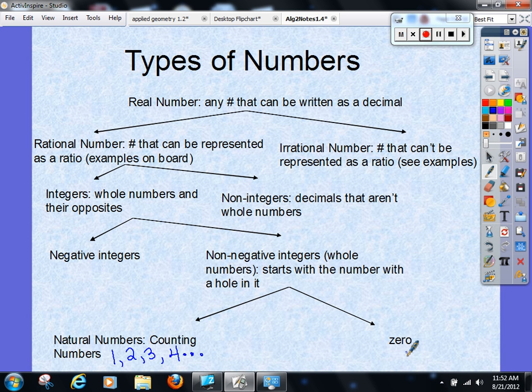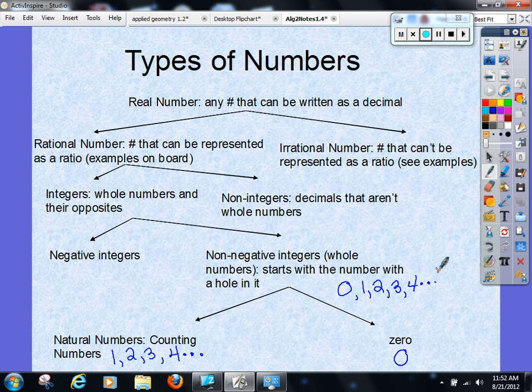Maybe when you get to kindergarten or preschool, we talk about the concept of 0. It's a little confusing because it's the absence of number, and when you put those two together, that gives you your non-negative integers. I was always taught that they were called the whole numbers, and I remembered it because they started with the number with a hole in it: 0, 1, 2, 3, 4, and so on.